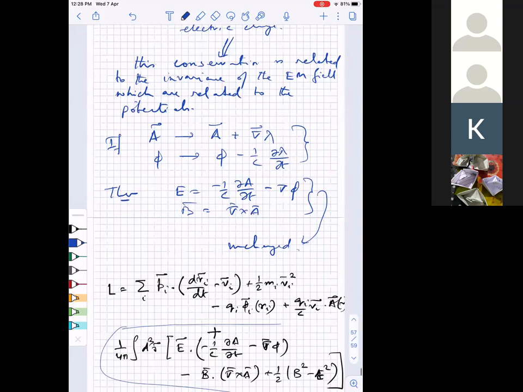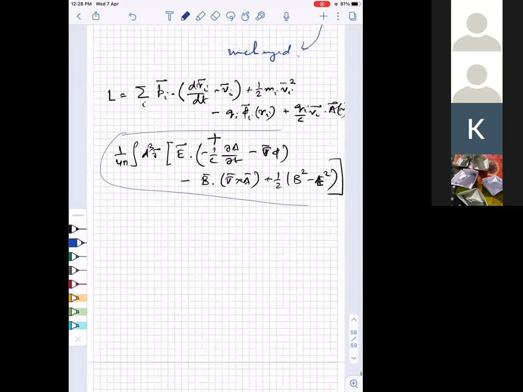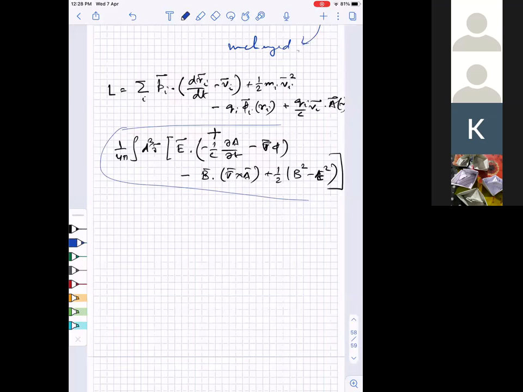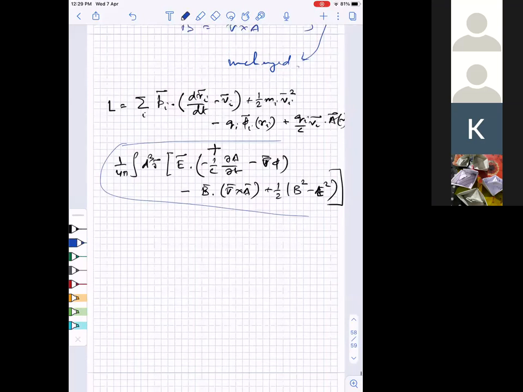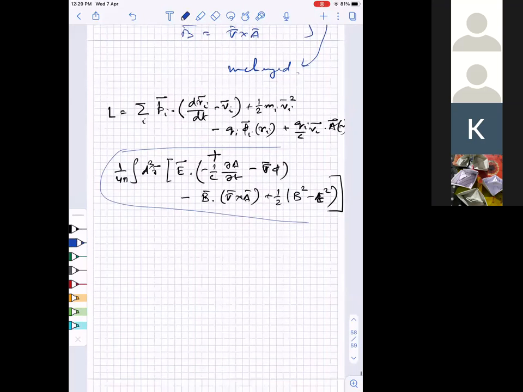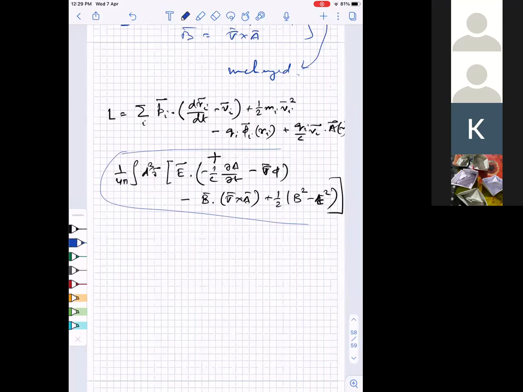That A is there in the particle part, and phi is also there in the particle part. But that is not all. You have to be careful that if those quantities are implicit inside some other quantity, then we have to be careful about that. The quantity that you have to be careful about is the velocity.